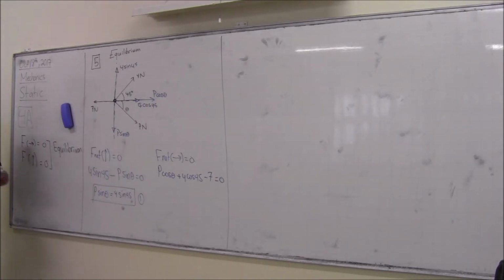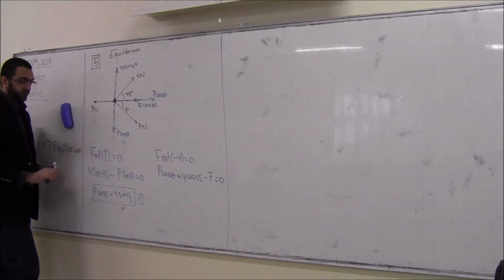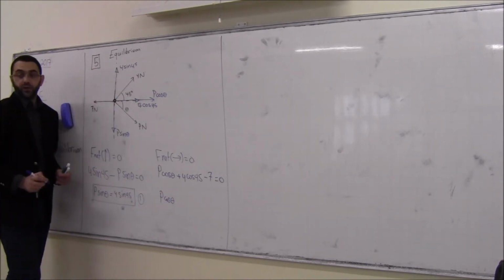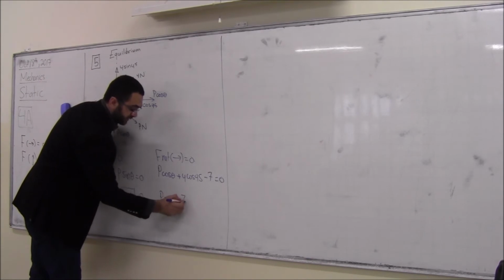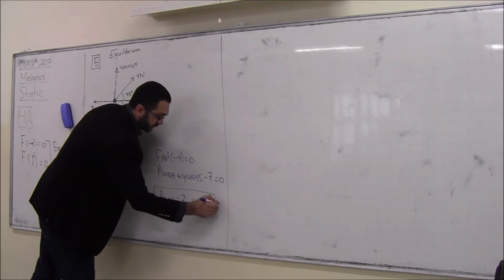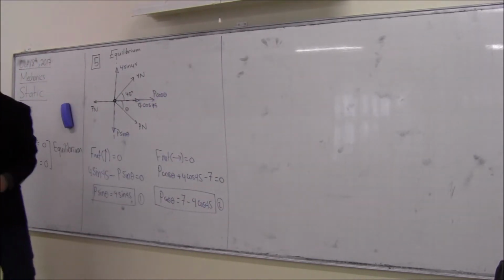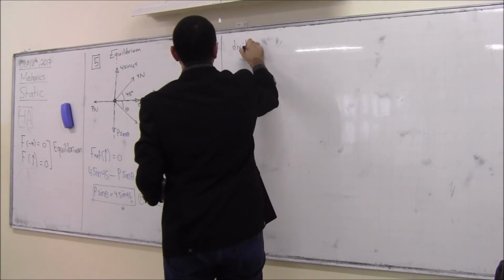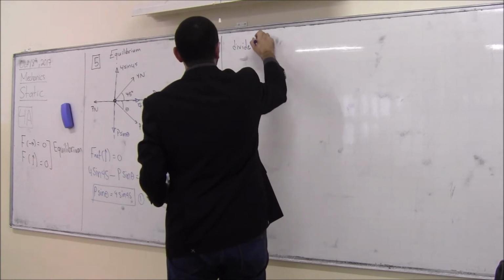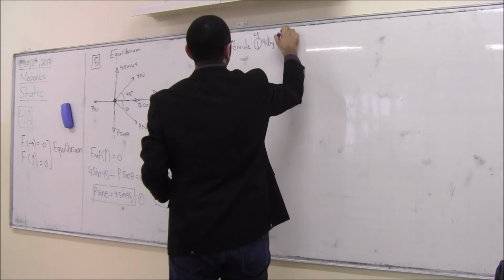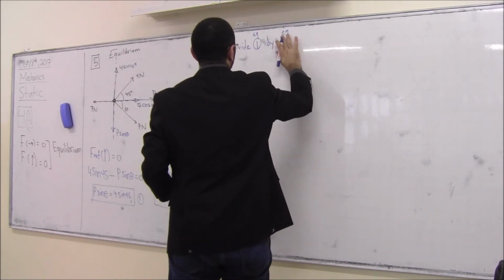Here, I will make P cosine theta the subject of the formula. So this becomes 7 minus 4 cosine 45. This is equation number 2. Now I will divide, sine over cosine, equation 1 by equation 2. This is what we are looking for.